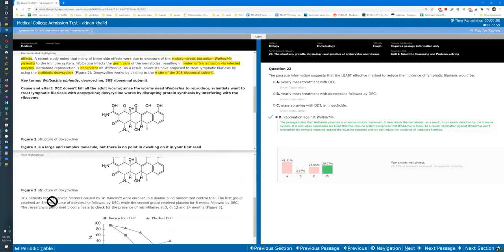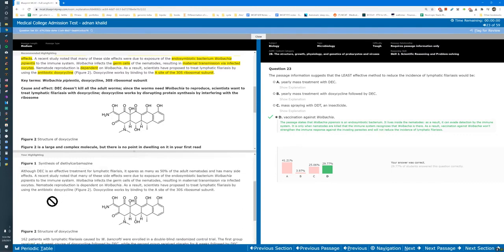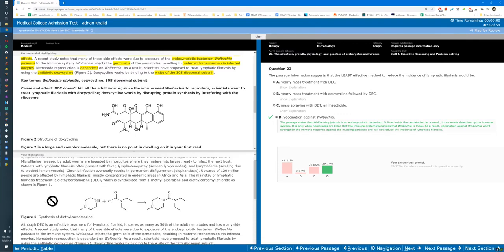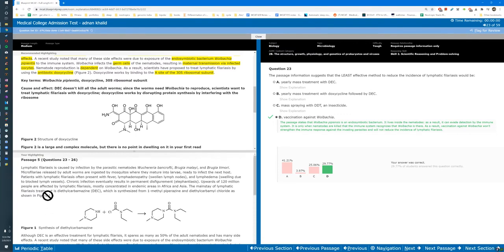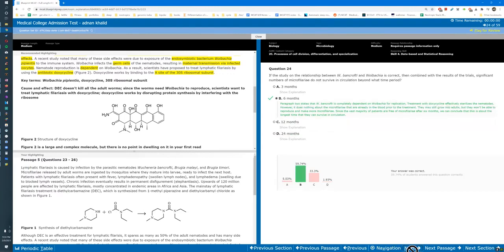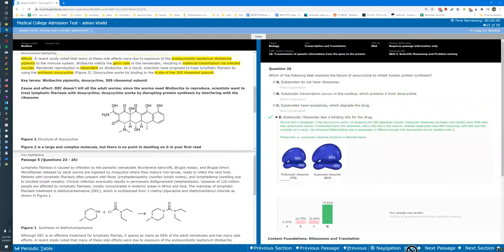So if you're vaccinated for the bacteria, it won't do anything because it's the nematodes that cause this disease over here. So, yeah, that's not going to really work. I guess on that one I didn't have time.